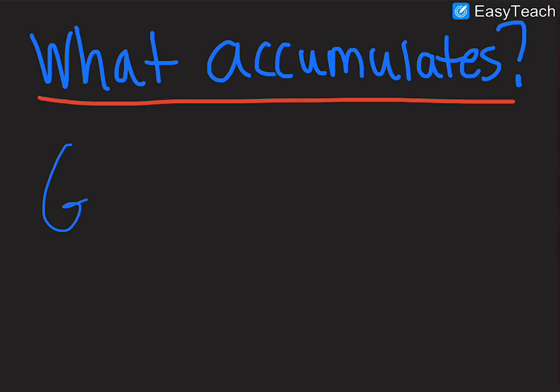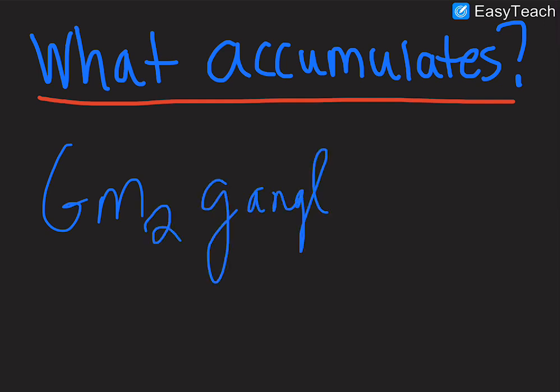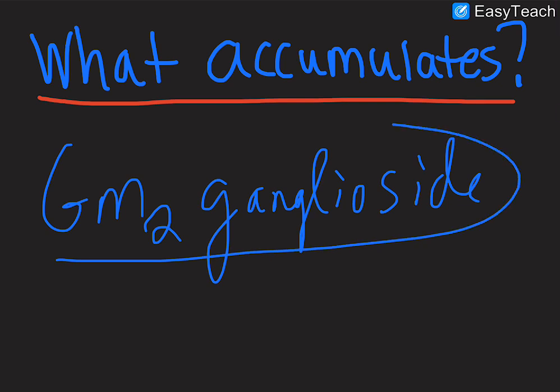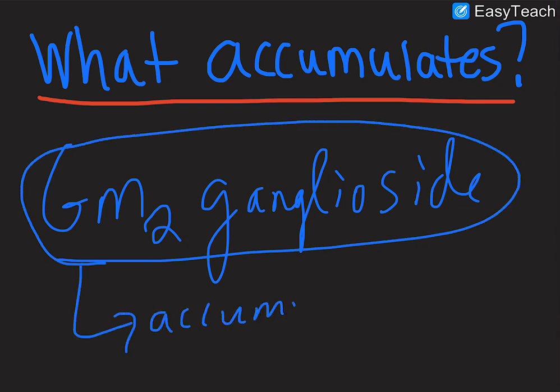If hexosaminidase A is deficient, we cannot break down GM2 ganglioside anymore, so GM2 ganglioside is the lipid that accumulates in Tay-Sachs disease. This lipid accumulates in your lysosomes.